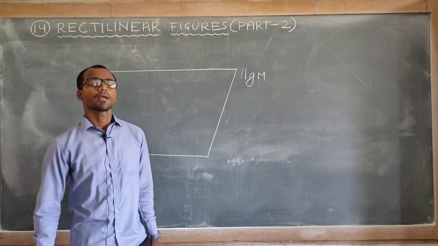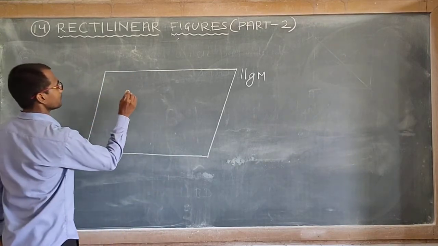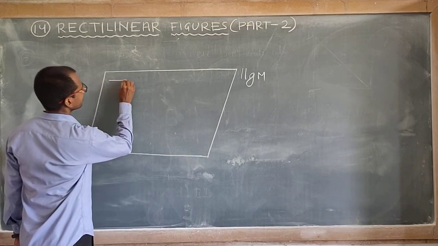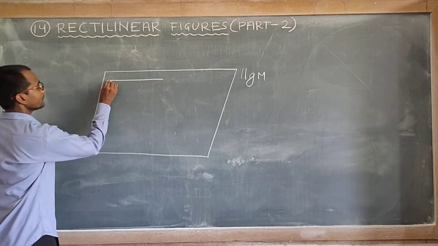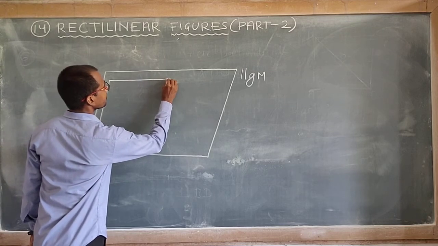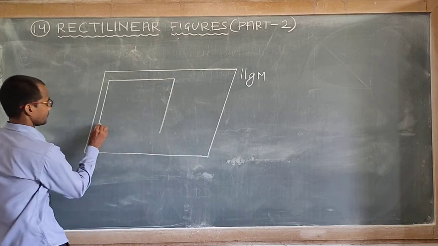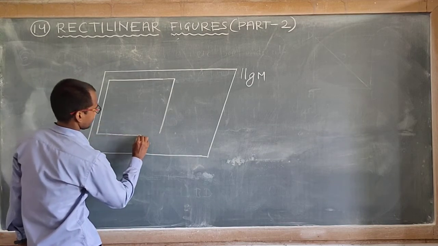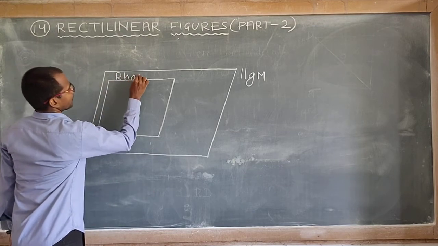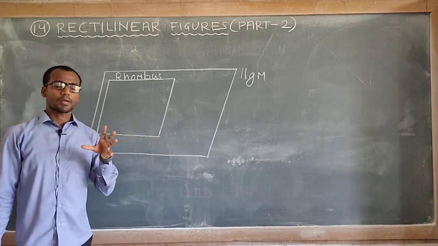That means you can say that a rhombus is a special type of parallelogram. So I have drawn a rhombus here. So remember this, a rhombus is a special type of parallelogram.